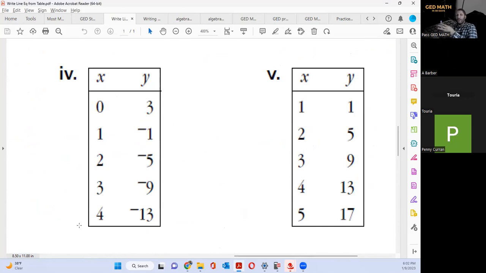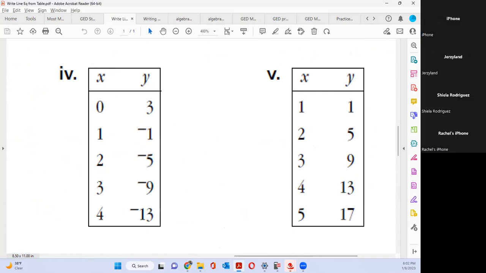Does anyone know how I would find an equation of a line from a table? Can anybody tell me where to start? What 2 things do we need to know to find the equation of the line? 2 points. You need 2 points.